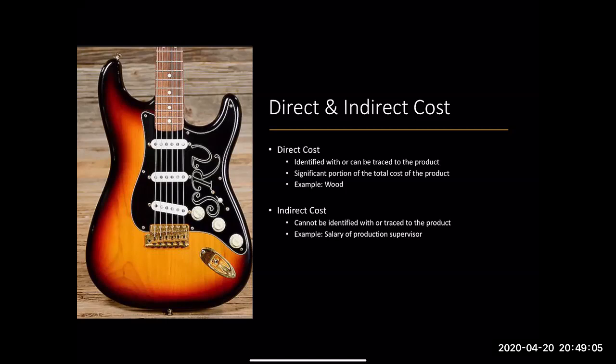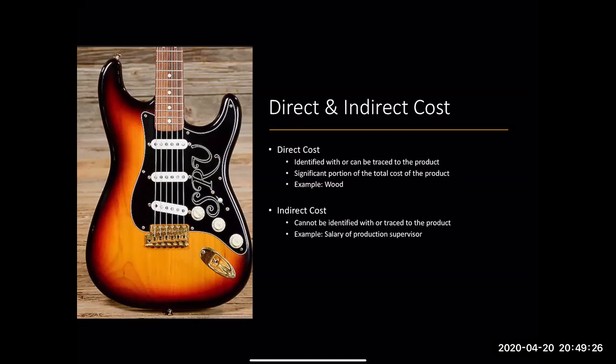All right, so a direct cost can be identified or traced back to the product, right? It has to make up a significant enough portion of the total cost of the product. So if we're talking about guitars, a good example of a direct cost would be wood, for instance.